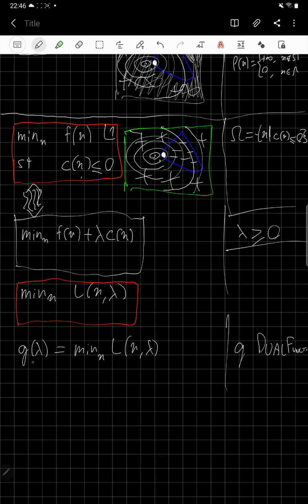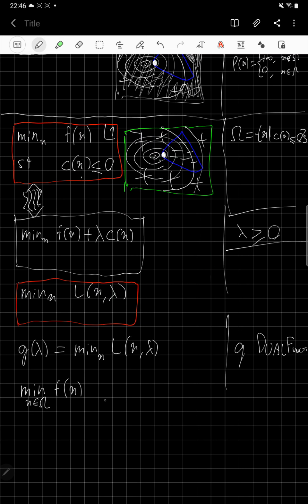We know that this function is only going to give values lower than our solution. So our solution is the minimum over x belonging to the region, belonging to the feasible set. We're looking for this minimum. This minimum is going to be the solution to our problem.